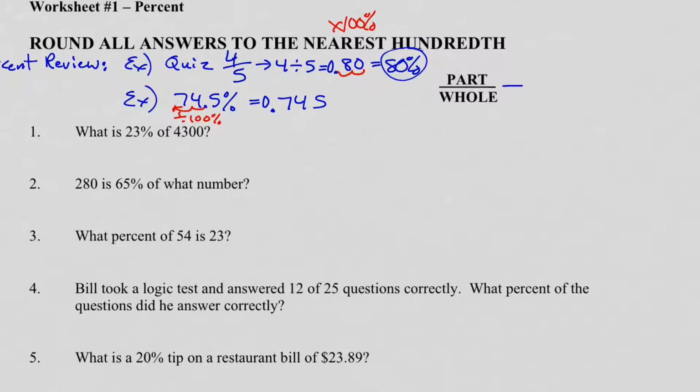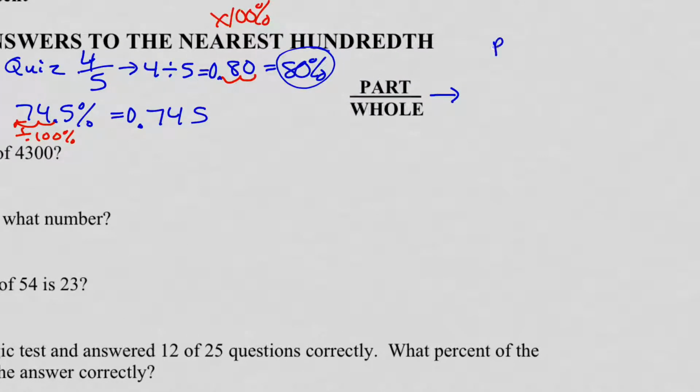Part over whole, that's basically what a fraction is. And so what we're going to be using is the proportion, which is 2 ratios that equal each other, that we're going to use to solve all of these problems. That's is over of. So that's like what we just did, 4 over 5, part over whole, and that's going to equal percent over 100.